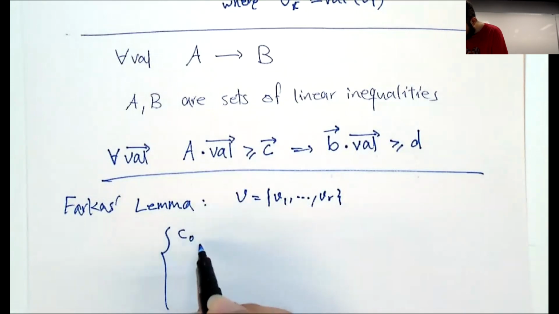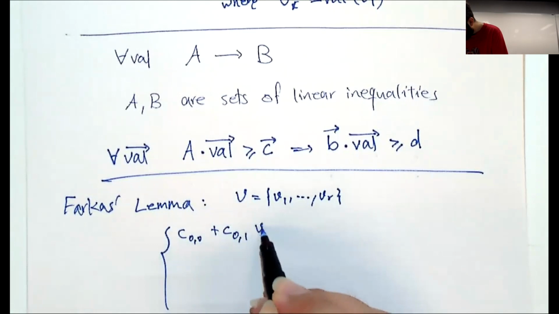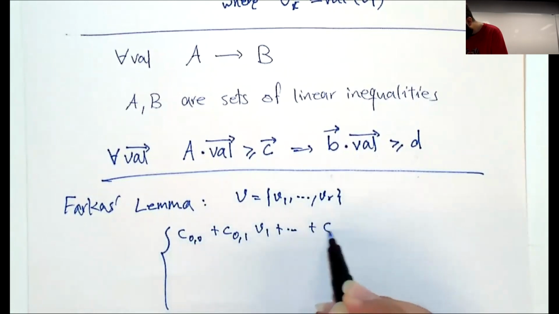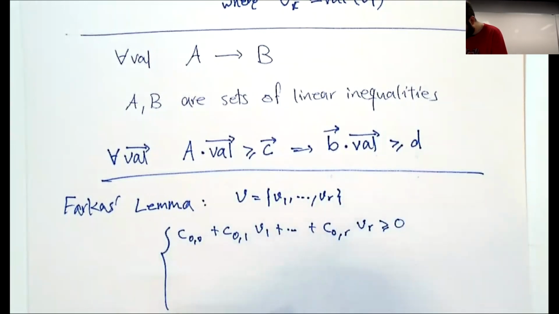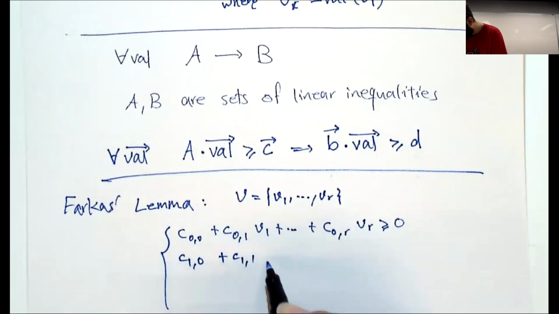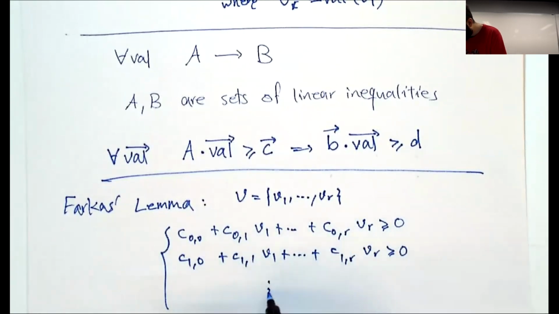So C0,0 plus C0,1 V1, so on to C0,R VR is greater than 0. C1,0 plus C1,1 V1, so on to C1,R VR is greater than 0. And let's say that I have M of these.